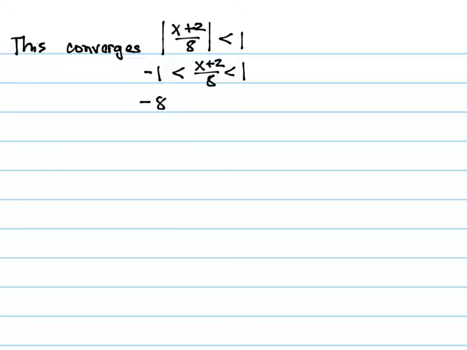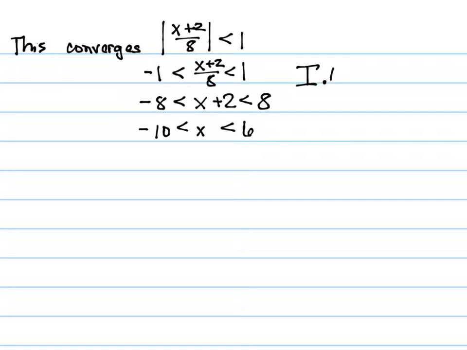If we multiply by 8, -8 is less than x plus 2 is less than 8. And then if we subtract our 2, we're from -10 to 6. So our interval of convergence, I'm going to abbreviate it by IOC, is from -10 to 6.